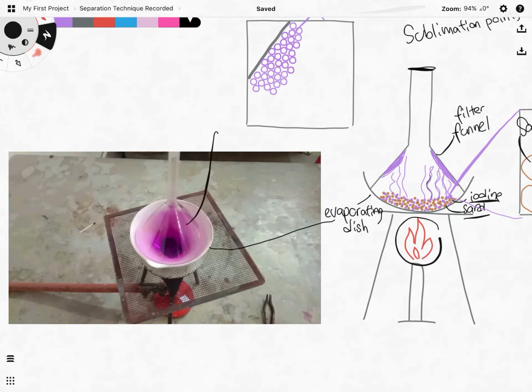And then over here you see it's actually just an inverted filter funnel. And of course on the very top of the filter funnel I need to seal it up so that the gas doesn't just go off into the atmosphere. You can see on the inner walls of this filter funnel, you can see the iodine crystals actually collecting on the inner walls. What's below is the mixture of the iodine and whatever was in there.